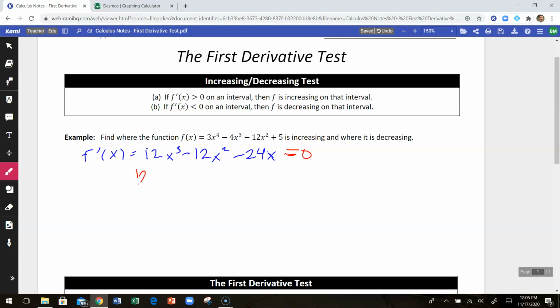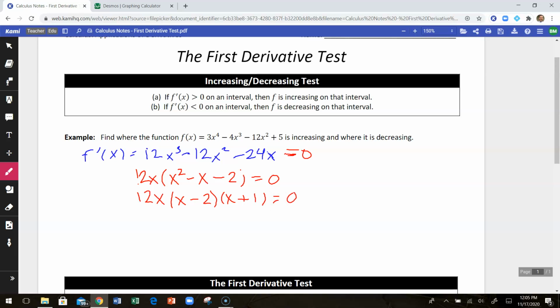So that's going to require us to factor out a 12x. We would have x squared minus x minus 2. I'm going to continue to factor. That would be x minus 2 and x plus 1.